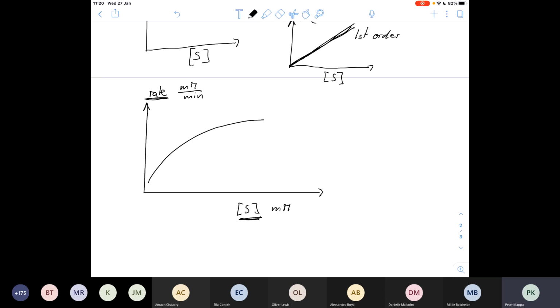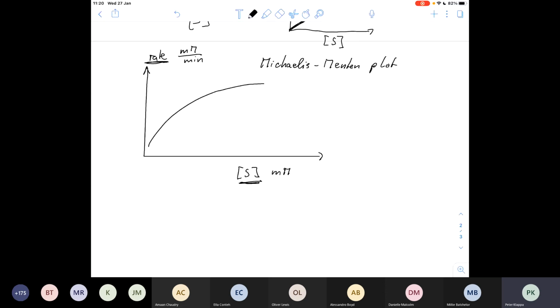But this is what is generally known as a Michaelis Menten plot, because it uses the equation V, that's our rate, V equals Vmax times S divided by Km plus S. That is when we plot this equation.